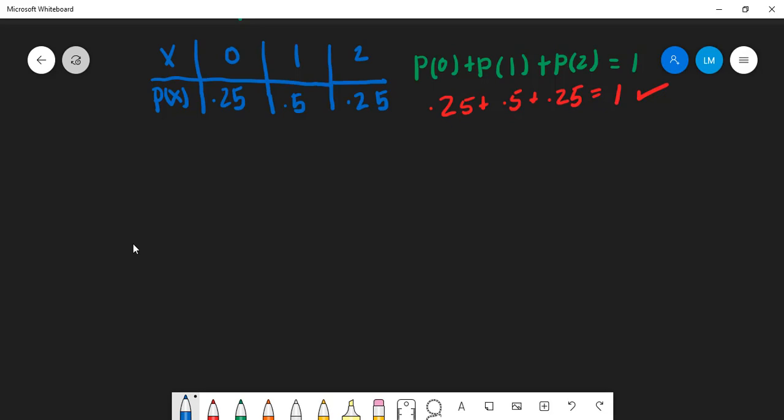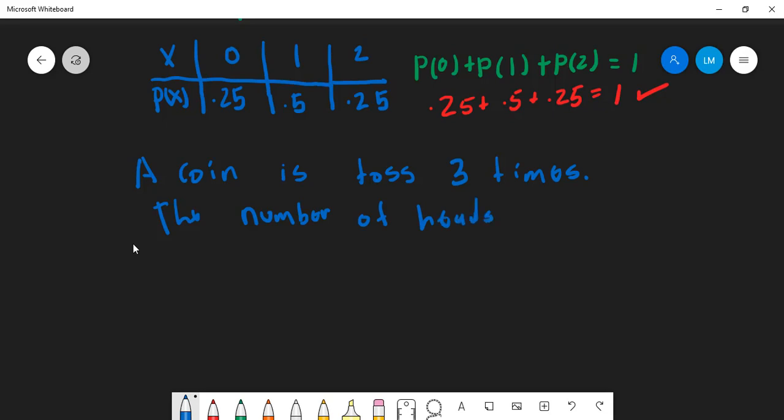So, for example, let's say that a coin is tossed 3 times and the number of heads is counted.